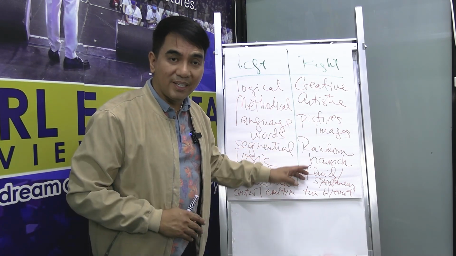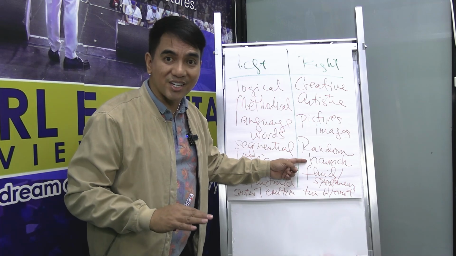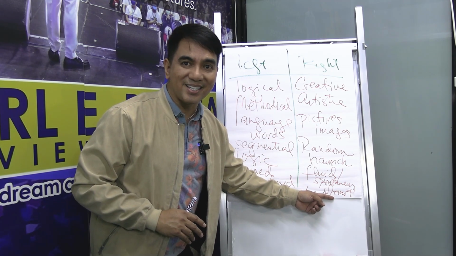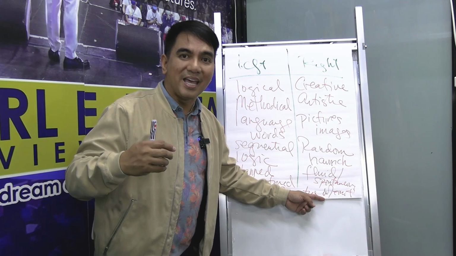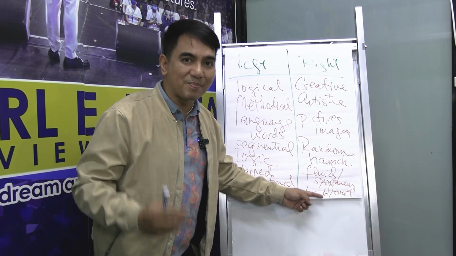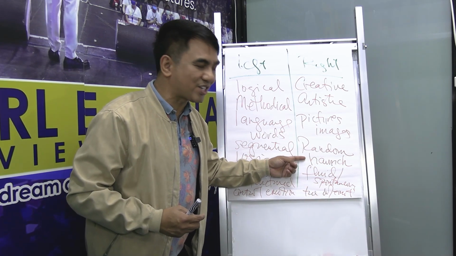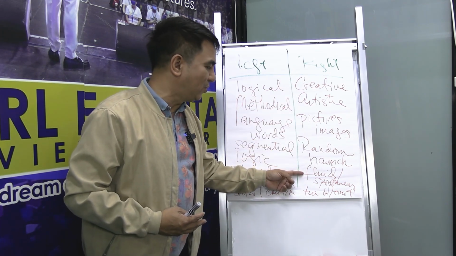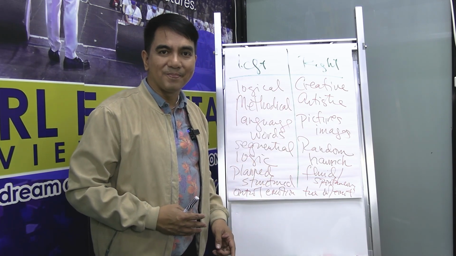It's random. It can actually tap on the hunch, which is very much related to emotion, because emotional intelligence is not out of brain. In fact, emotions are anchored on the brain, and it is where the hunch are derived from. And of course, the right brain is more fluid and more spontaneous.